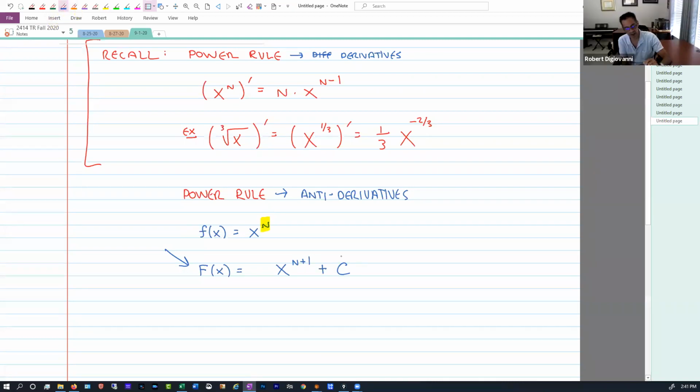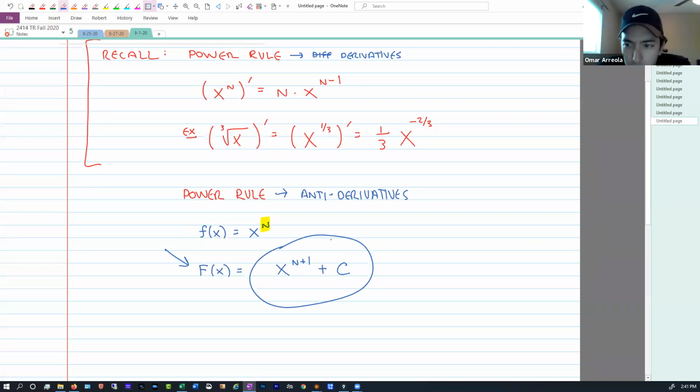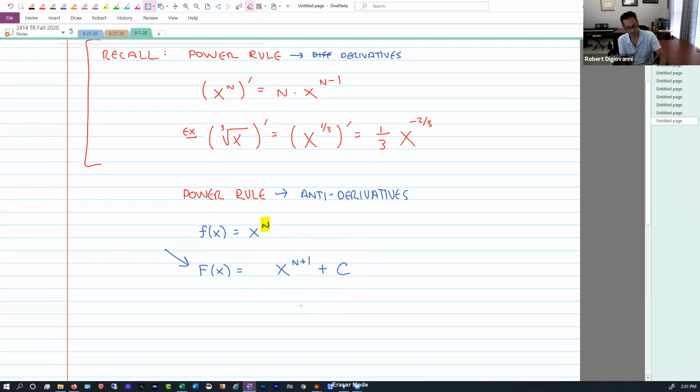So let's try this right now. If I were to ask you to take the derivative of that, what would happen? Don't you also have to divide it by n? Yeah, the power would come out first. If I take the derivative of this, the n plus 1 would slide out front, and then you would subtract 1 from the power. That would give you n plus 1 times x to the n. So is that equal to this?